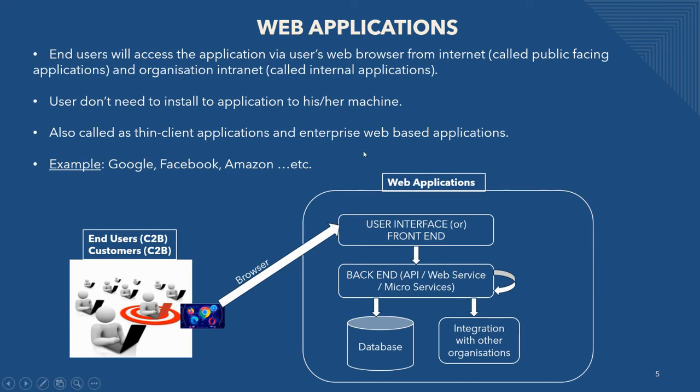Say for example, this is a web application structure. Users access the web application through a browser. We have the user interface, we have the backend API, we have databases and integration with other applications. This is how any web application looks, Google, Facebook, Amazon, or anything.